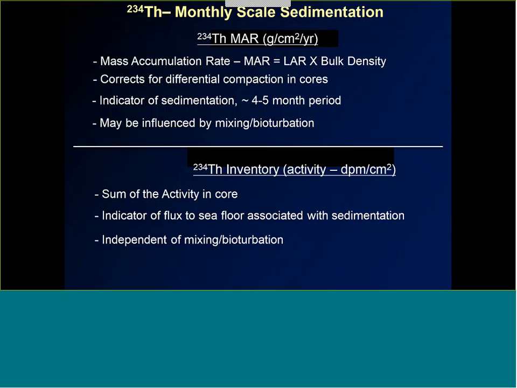But we also calculated the thorium-234 inventory, which is just the amount of thorium-234 in the record, and that is independent of bioturbation. So this would possibly support the mass accumulation rate data.